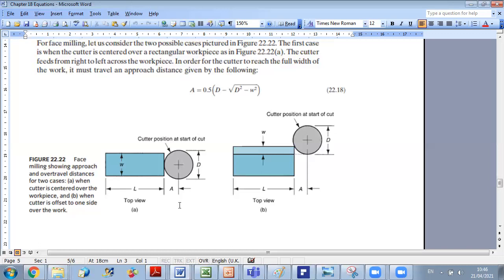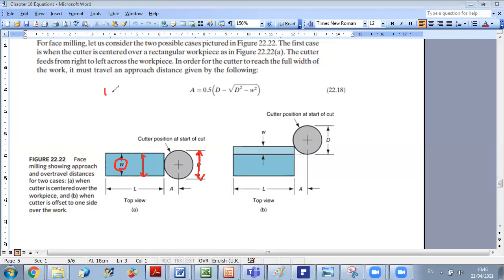If you consider this figure, you should take into consideration several factors: the width W of your work part, and the diameter D of your cutter. You can have several cases to take into account.